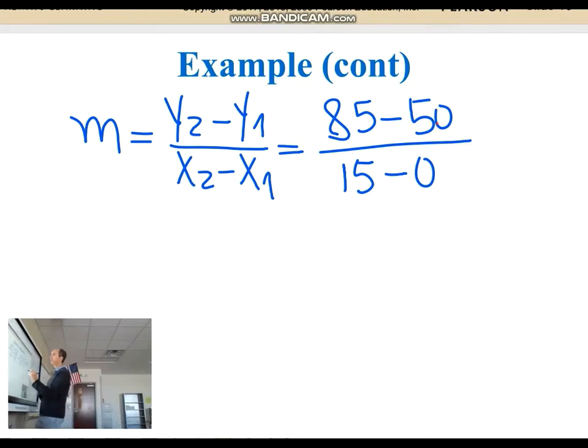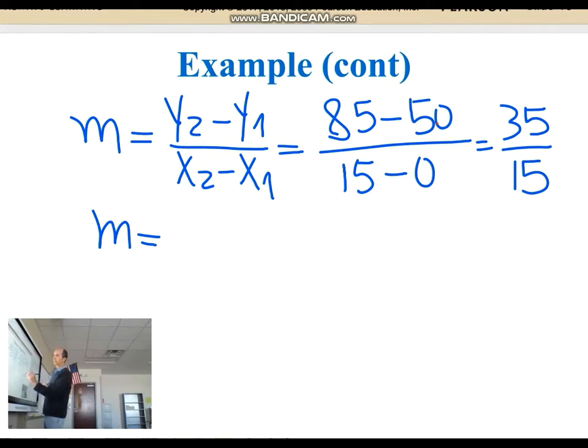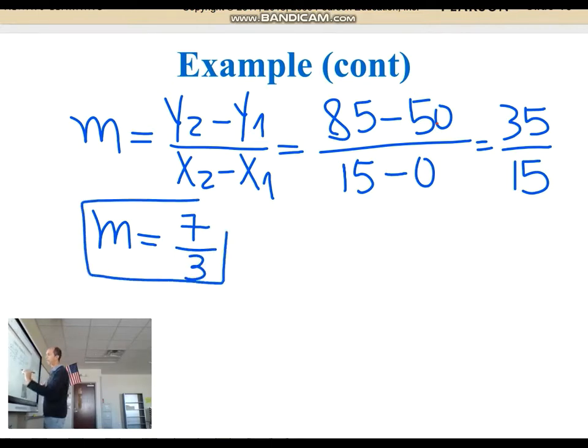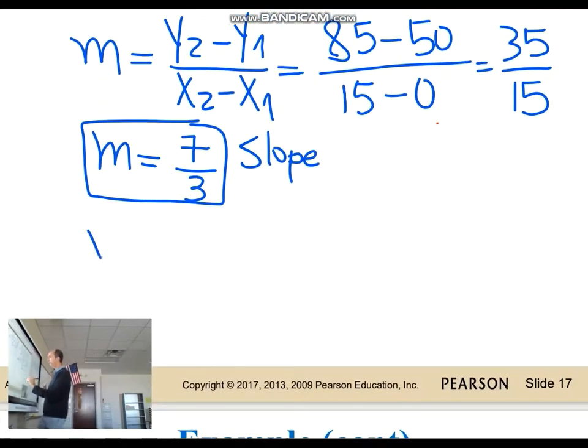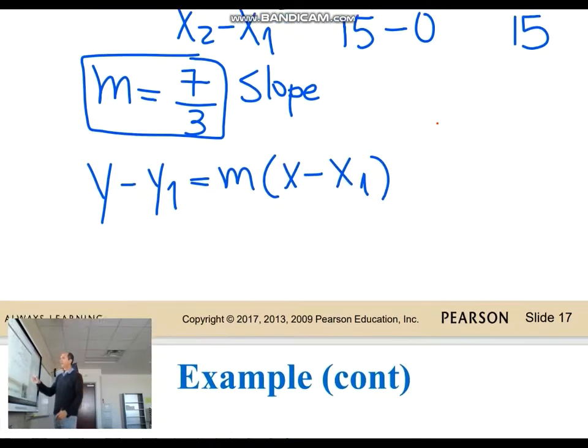And then we will have as a result 85 minus 50, 35 over 15. M equals 35 divided by 15. And we can simplify, we have 7 over 3. This is the slope, right? Now we can use the formula y minus y1 equals m times x minus x1 to find the equation of the line.